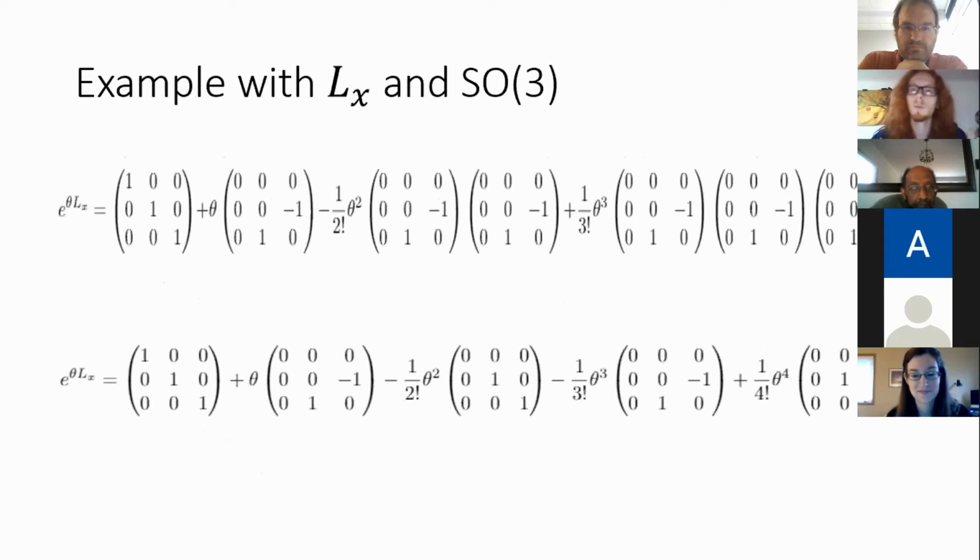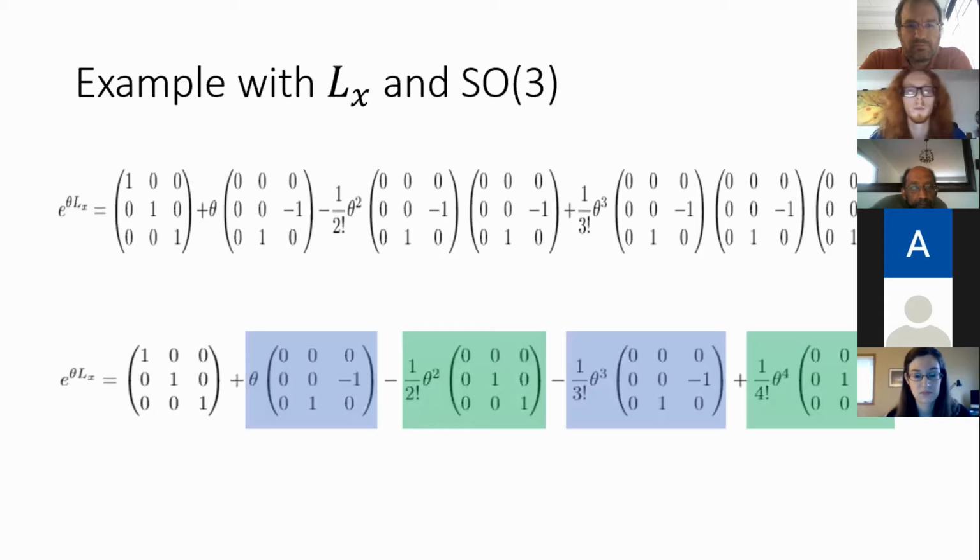So an example with the x component of the angular momentum in 3 dimensions: if we exponentiate it with some transformation parameter theta, you can see at the top line here, I'm just writing out the Taylor series with the matrix multiplication not yet done. The next line, I've done the matrix multiplication.